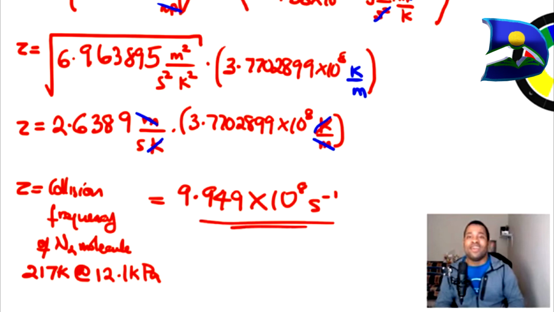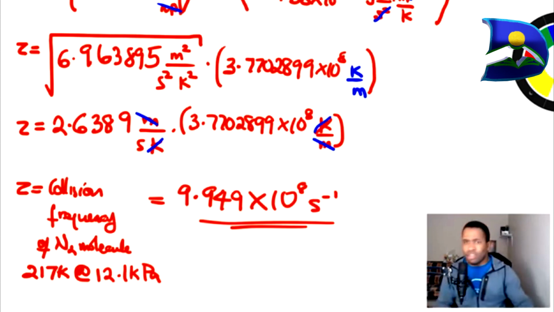Imagine this, right? In 1 second, you're able to hit that many particles in this collision tube. That is really impressive to see this magnitude of collisions happening in just 1 second.